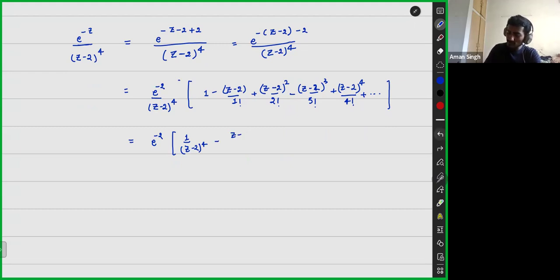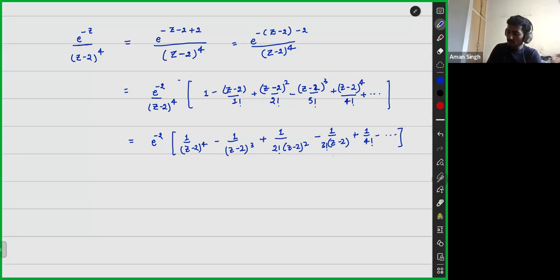Okay, it becomes 1 by (z minus 2) cube plus 1 by 2 factorial (z minus 2) whole square minus 1 by (z minus 2) into 3 factorial plus something, but it will be 1 by 4 factorial minus something and so on.